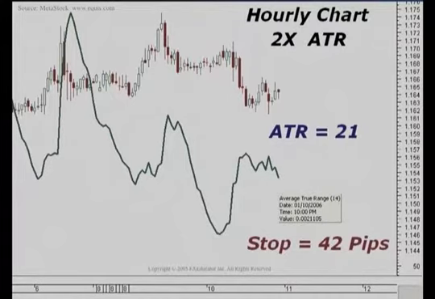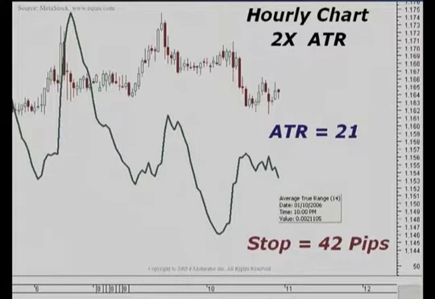I could also use 1.5 times ATR on the hourly chart if I want to use a closer stop. Really, you have to take a look at these things and see what works best for you. And once again, you can certainly combine average true range with a support resistance stop or with the Bollinger Bands. And everything that you do, all of that is going to be contained within your risk management. So once we have all of that going for us, we're much more likely to place an effective stop.